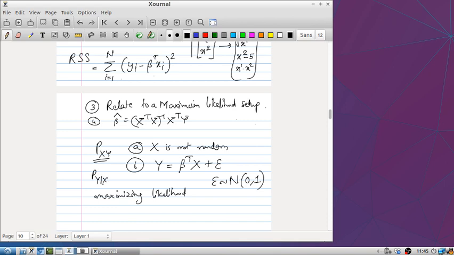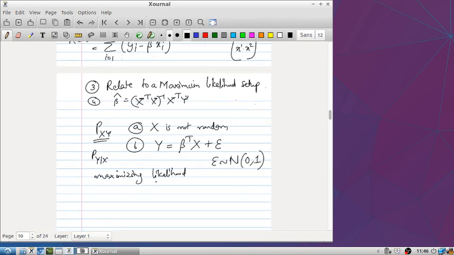Because x is fixed, the only randomness is y. The principle of maximum likelihood says that there's a parameter here, beta.